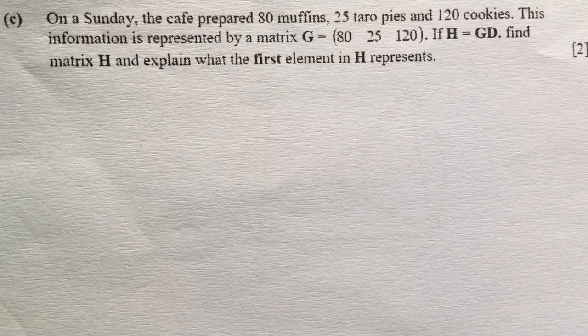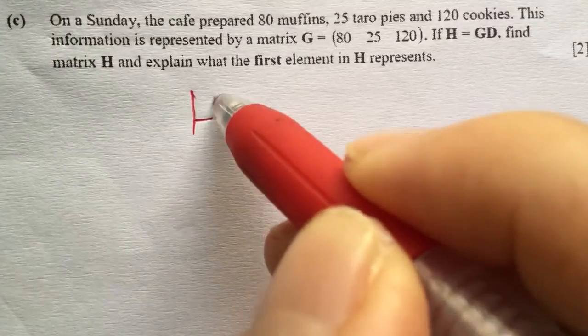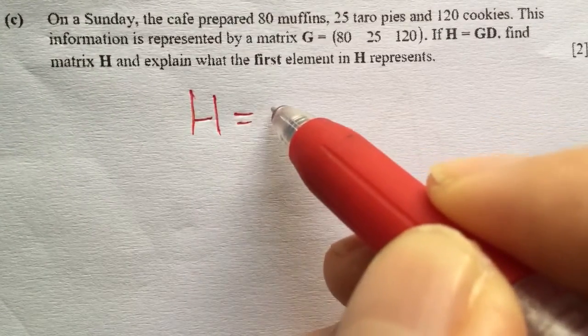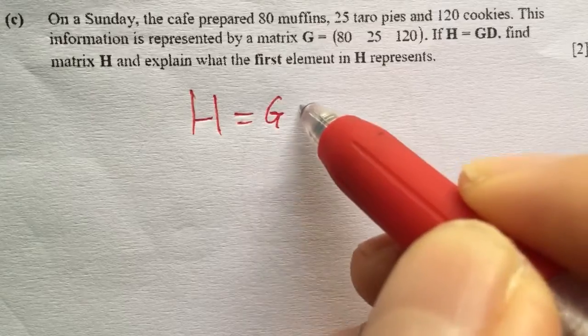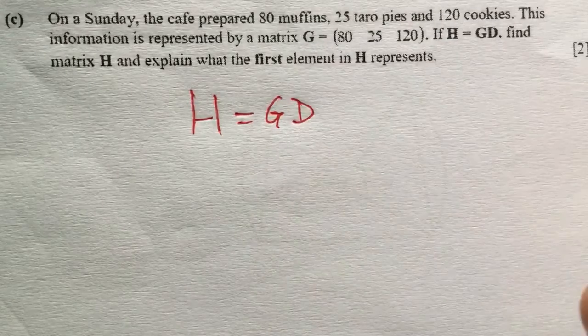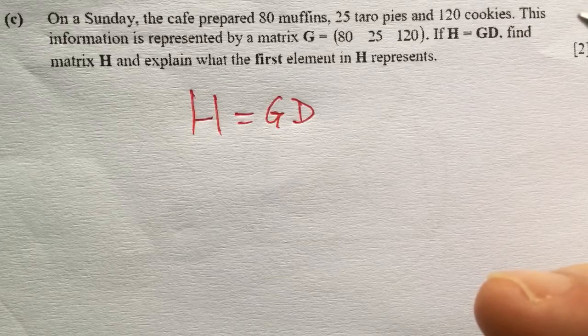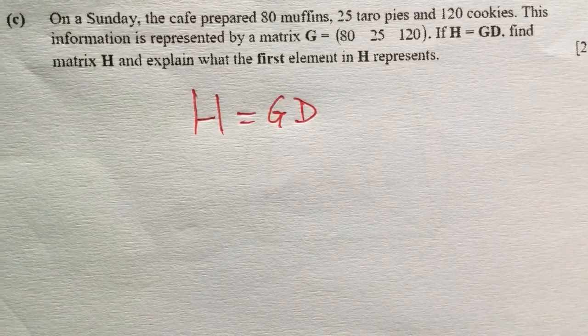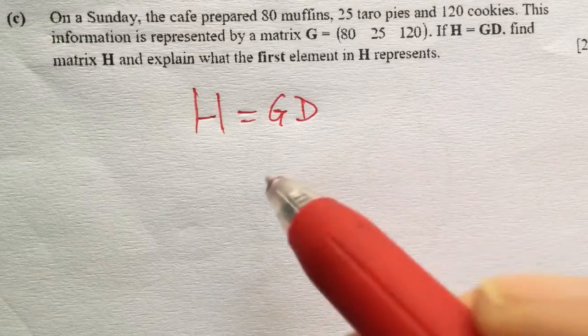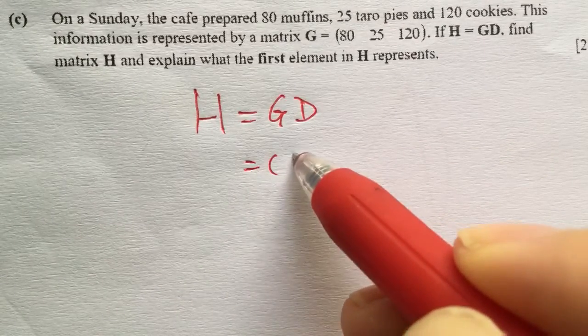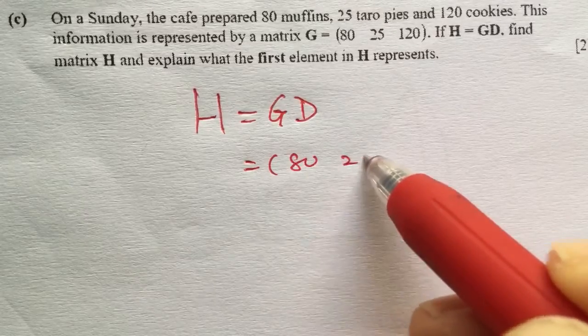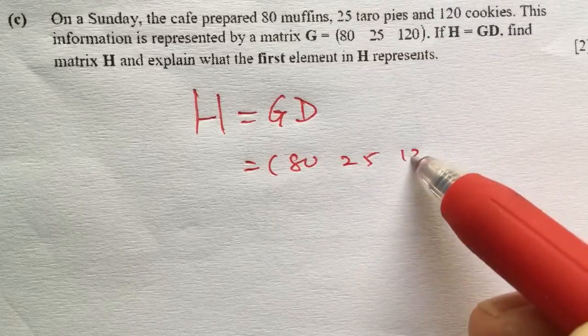Okay, so we are given that H is equal to GD. And G is actually 80, 25, 120.